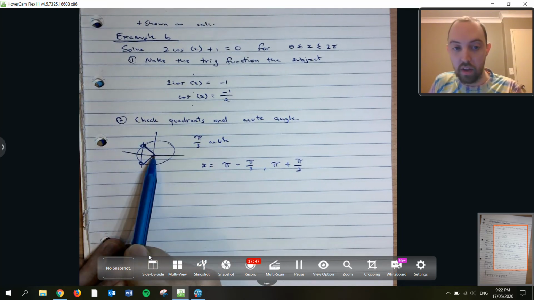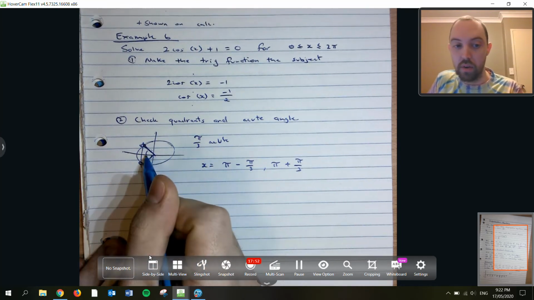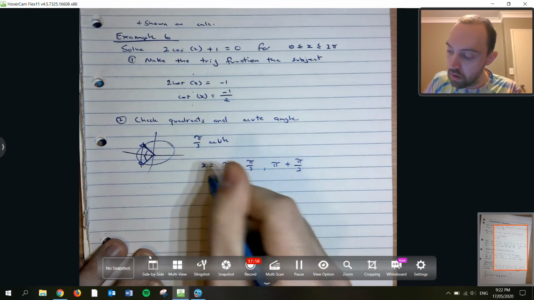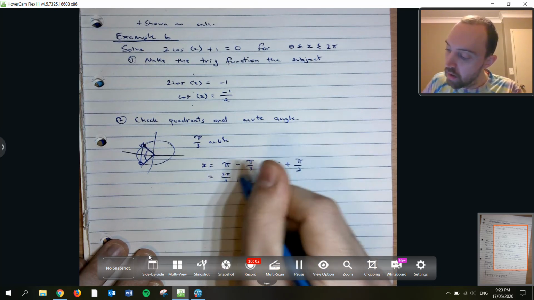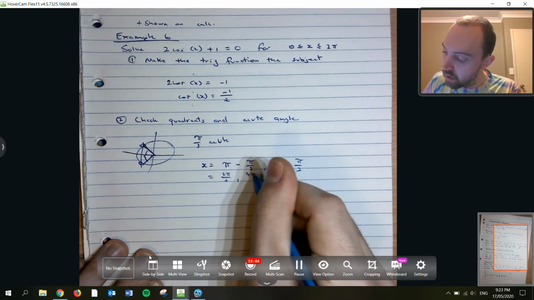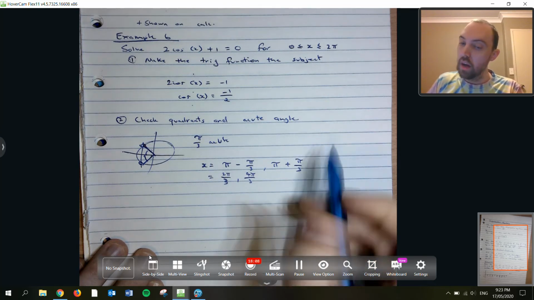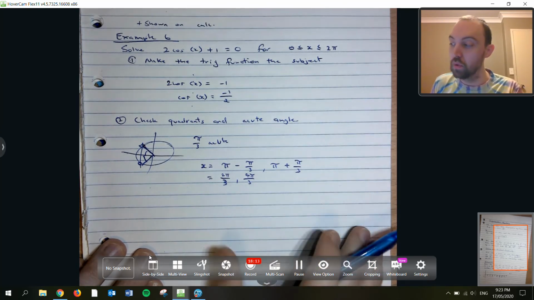That line and that line is pi take pi on 3 and pi plus pi on 3. And so we get 2 pi on 3 and 4 pi on 3 as both of my solutions. And within that domain, full circle, there are only 2.